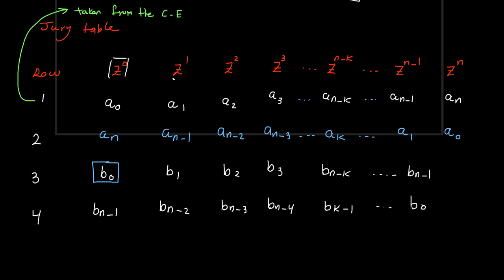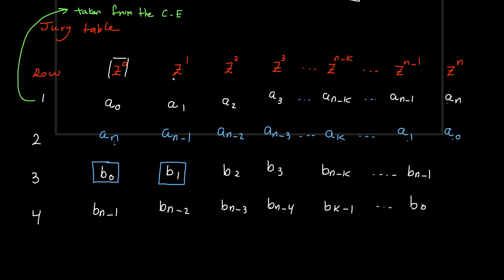Now b0 will equal a0 multiplied by a0 minus a_n multiplied by a_n. So what about if I need to calculate b1? Now the first two elements here are fixed, so it will be a0 multiplied by a1 minus a_n multiplied by a_(n-1).